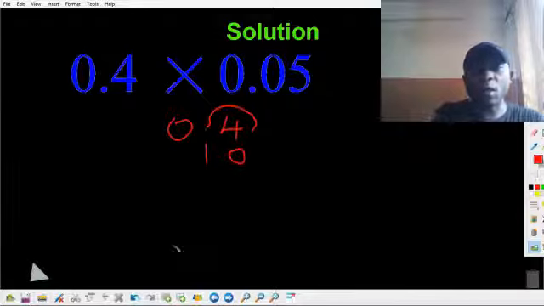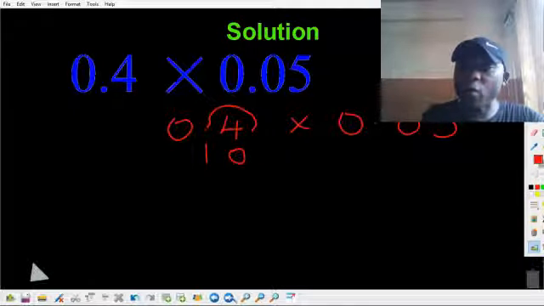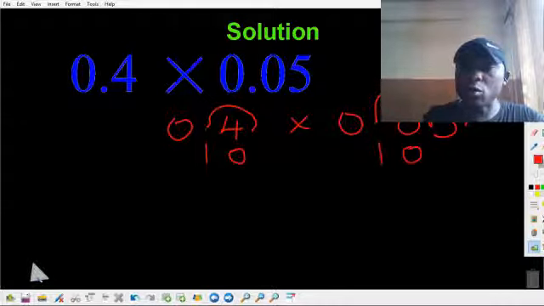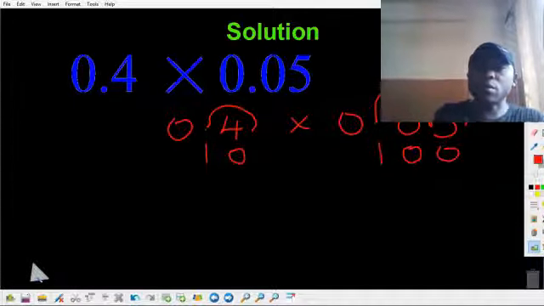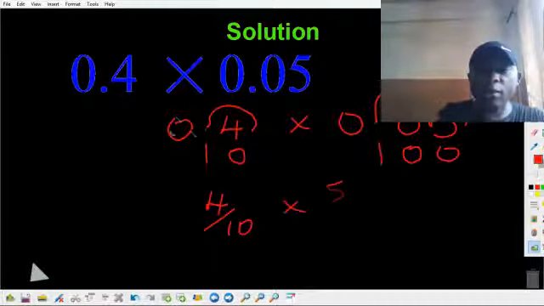Multiplied by 0.05, how many decimal places do we have here? We have 2, so we count 2 decimal places, 1, 2. Now the denominator here will be 1 followed by 2 zeros. So what do we have? We have 4 over 10 multiplied by 5 over 100.